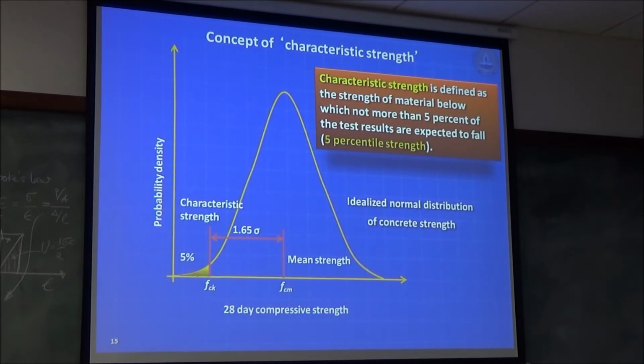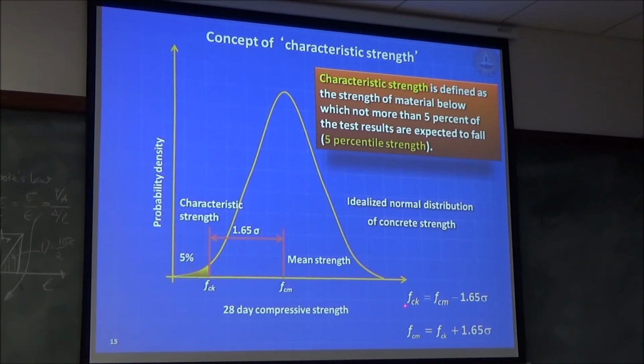So the mean strength is given. If you assume this to be a normal distribution, which is a big assumption, then by the properties of the areas of the normal distribution, you will find that this is 1.65 standard deviation away from fck.